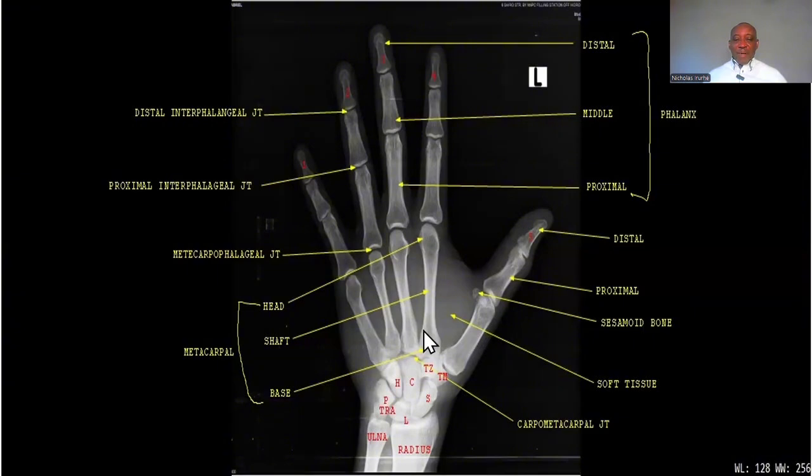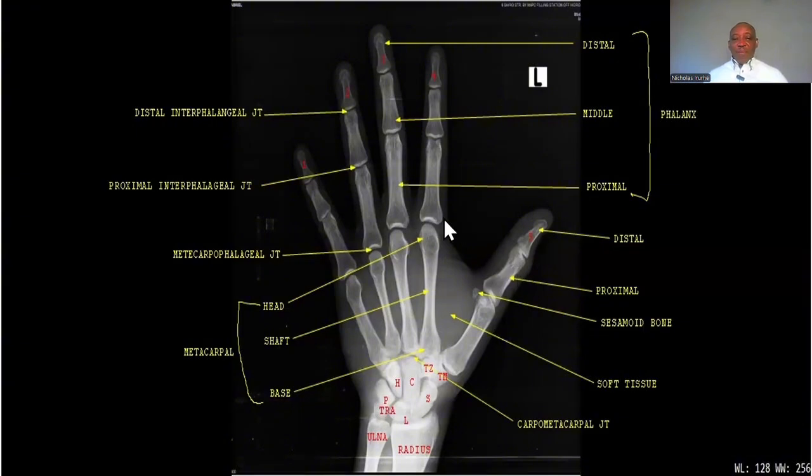On the metacarpals, you have 5 bones. This is the first metacarpal, second, third, fourth, fifth. And on the phalanges, for the thumb, we have 2. That's the proximal phalanx and distal phalanx.